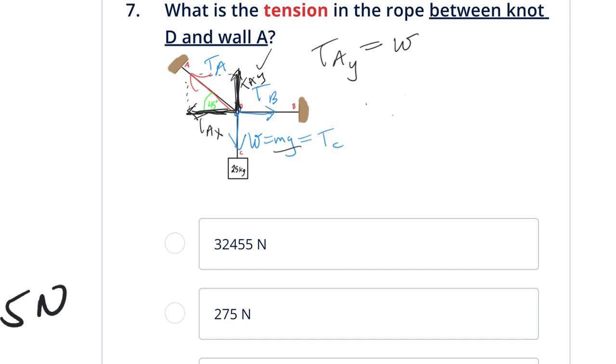So TAY, the Y component of TA, right there, is equal to the weight, right there, because this knot is at rest. So let's draw our triangle, this thing right here.